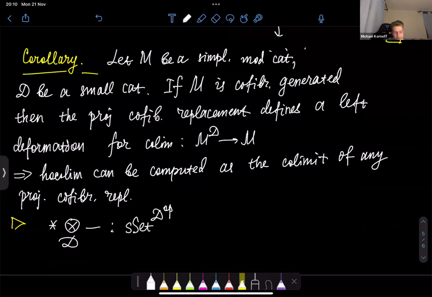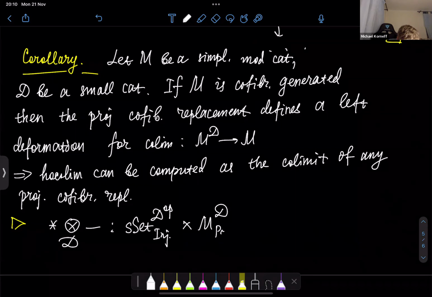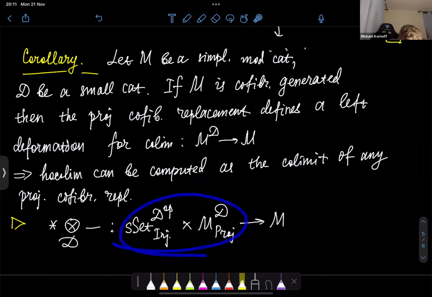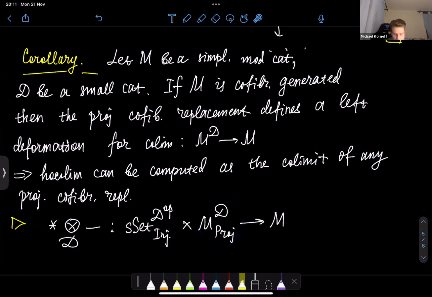And now we can choose a model structure on these arguments. Suppose that on the first term we have an injective model structure, and on the second we have a projective model structure.